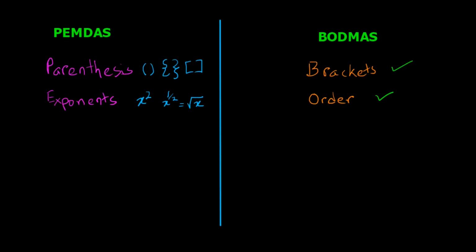The next one is M. By looking at the letter itself, we see something different. The next one is M for PEMDAS and D for BODMAS. So let's see what they mean. In PEMDAS, it's multiplication, and for BODMAS it's division.